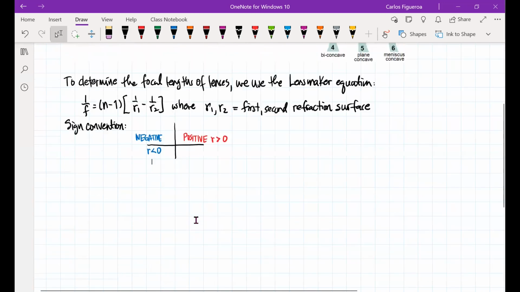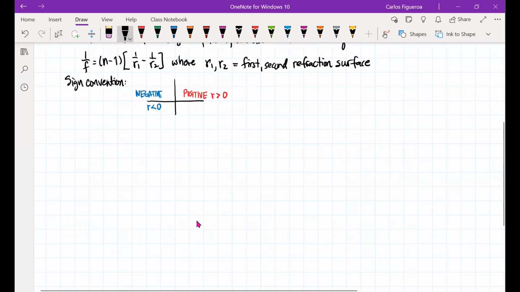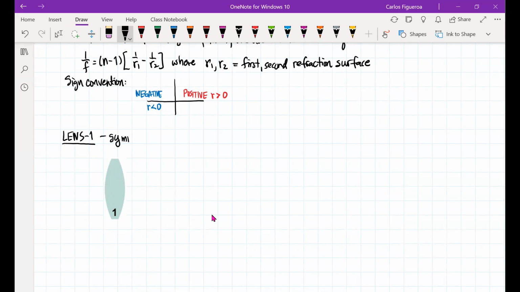So I'm going to look at each of these lenses in turn. Here I go, this is lens 1. What do I know about lens 1? Well, let's paste it in. When I look at lens 1, I can clearly see that this is a symmetric lens where R1 and R2, the magnitudes, are equal, and I'm saying that this is 40 centimeters.